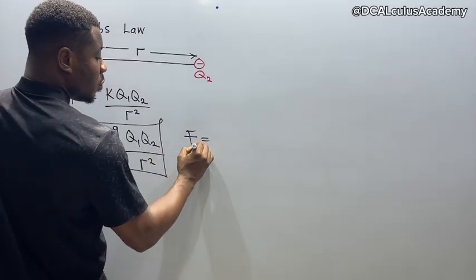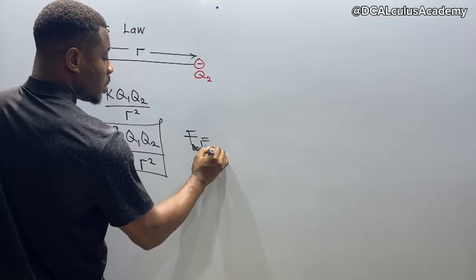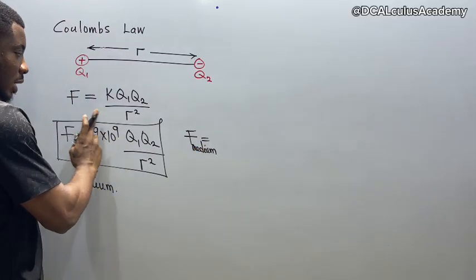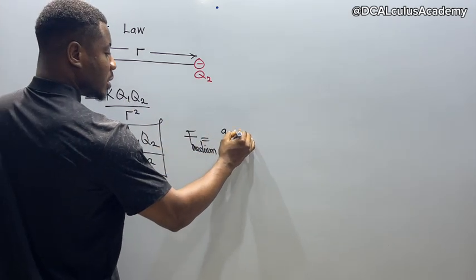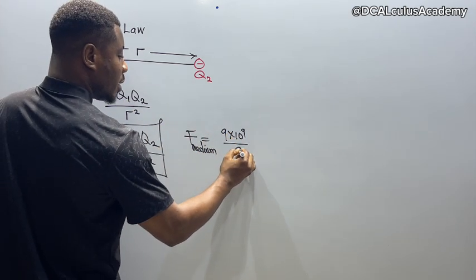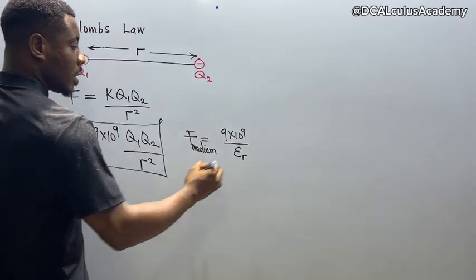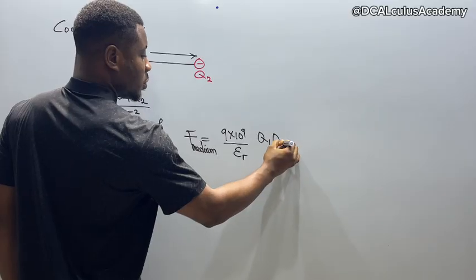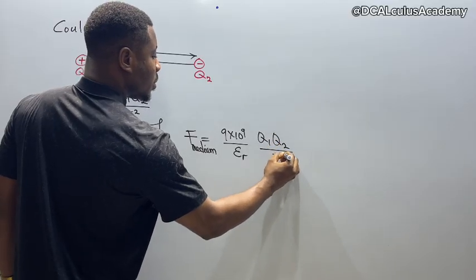The force when it's in a medium becomes 9 times 10 raised to power 9 divided by epsilon r, times Q1 Q2 divided by R squared.